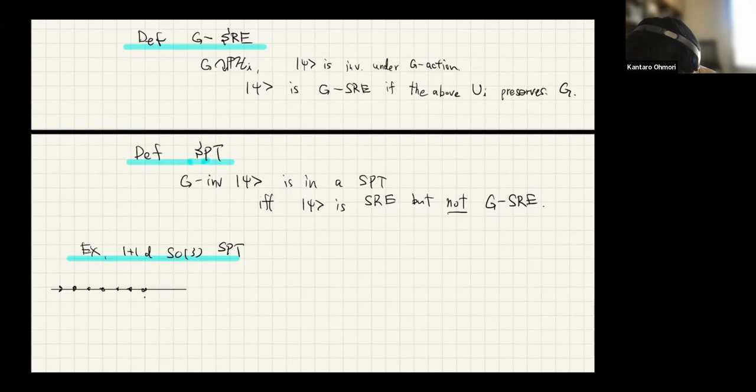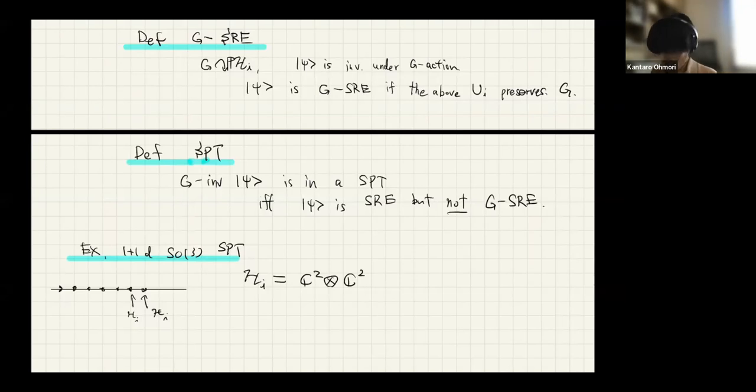And for each site, we put some Hilbert space, and here we take the single site Hilbert space to be C2 tensor C2, so 2 qubits.